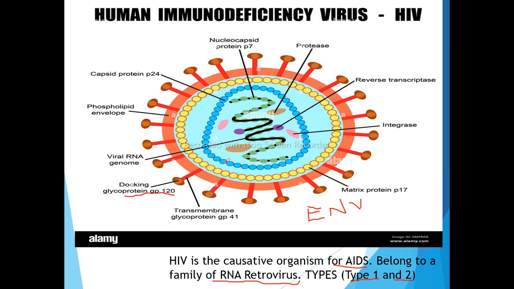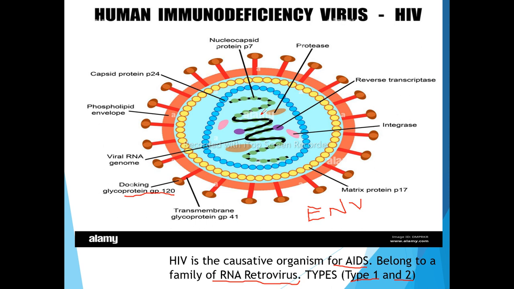Inside the capsid is where we find the genetic material for the virus. This capsid has 20 sides, which is why it is called icosahedral.